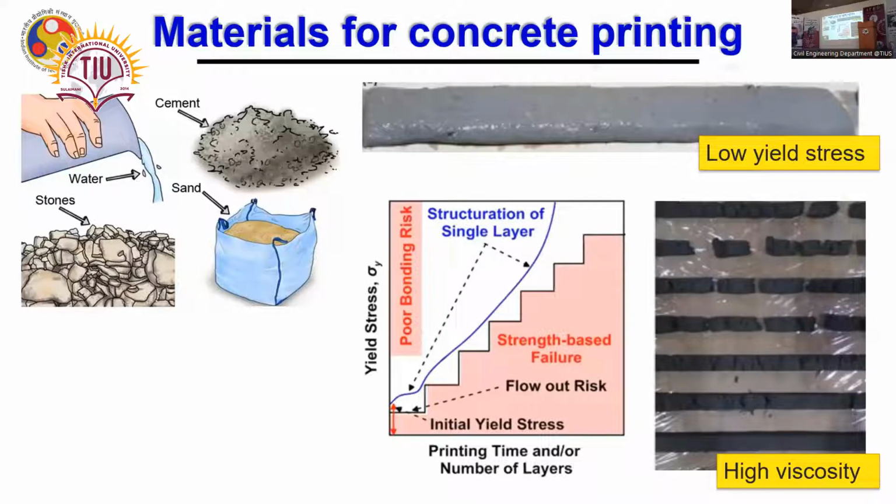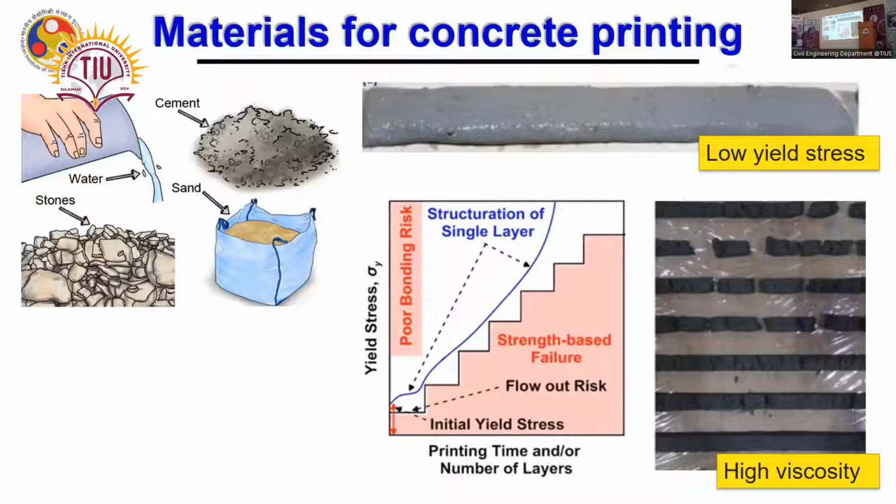And if you are targeting large scale printing, then the material structural build-up must be rapidly increasing with time, because if that is not happening, then of course you are going to end up with strength based failure. I will show you some videos from my lab of how we can see strength based failure if the yield stress or the structural build-up is not happening rapidly.